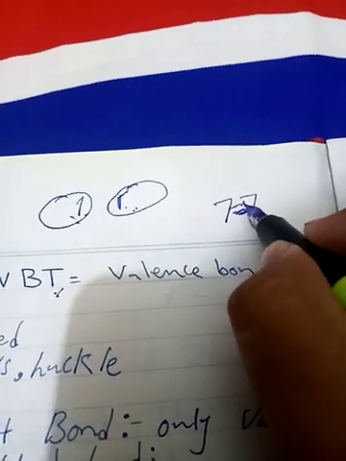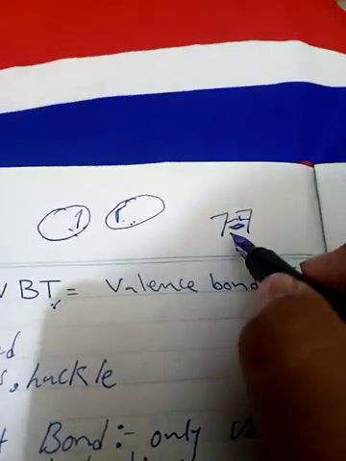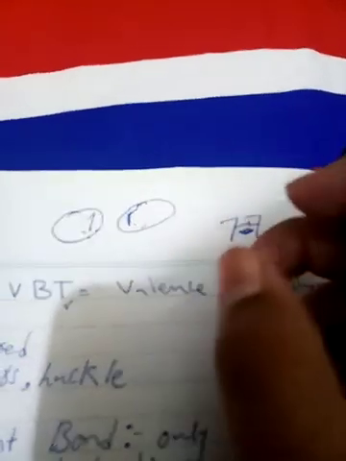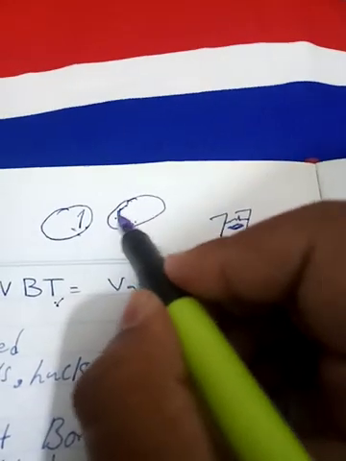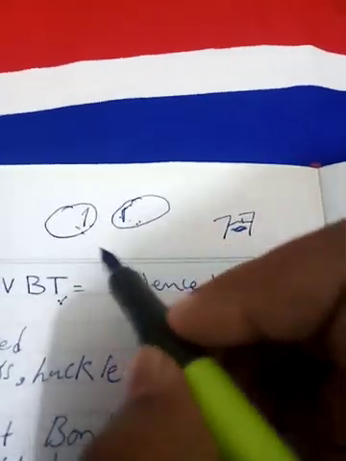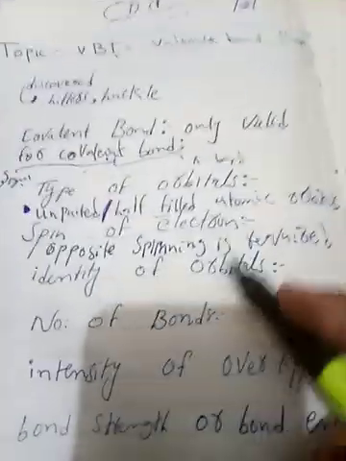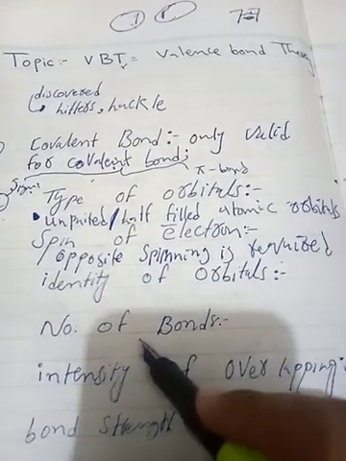They will create a force which does not attract them to make a bond. If they are opposite to each other, then they will make a covalent bond, a sigma or a pi bond.